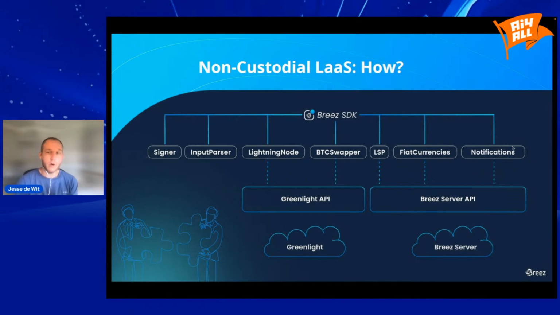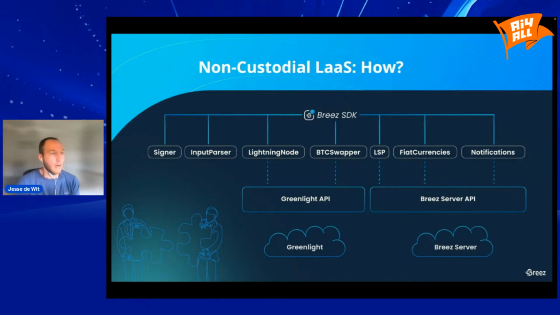Because you have your Lightning node in the cloud, but you still need your phone to be online in order to sign for messages for receiving a payment or sending a payment. If you're offline, we will provide notifications so you can wake up your phone, receive the payment, and then the phone can go to sleep again, or wake up the app basically.